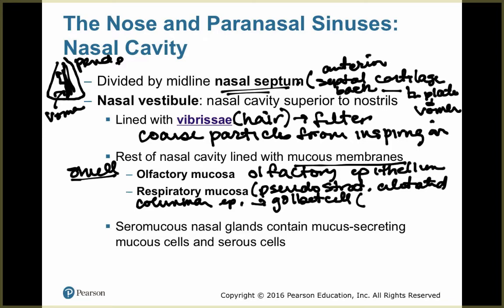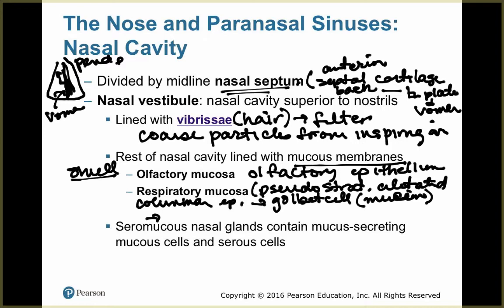Yeah, mucin, right? So the goblet cells help to make mucin. And these goblet cells rest on lamina propria. This is a thin layer of loose areolar connective tissue underneath that epithelial layer, and it helps provide the necessary moisture and this sticky substance to help catch stuff, right?